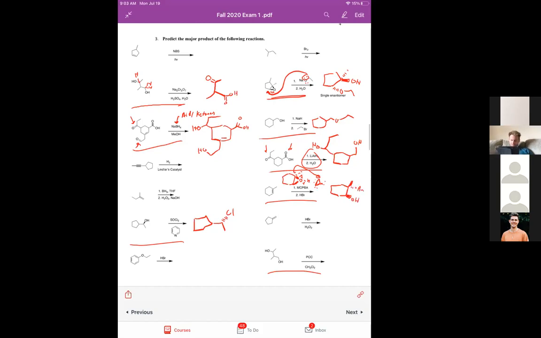And lastly, PCC is going to do a single oxidation. So even though we have two protons here, we're only going to use one of them. It's going to make a ketone and an aldehyde. So different from our answer that was up here. To give us this product.